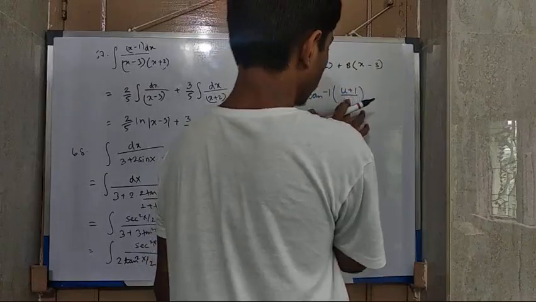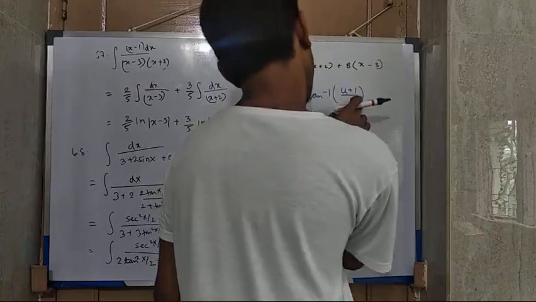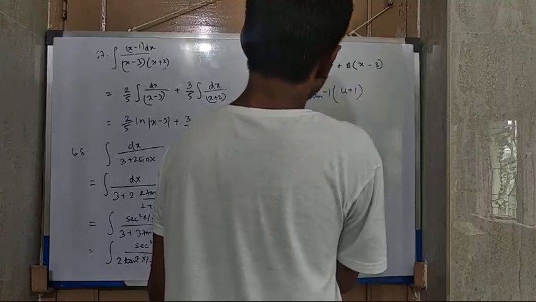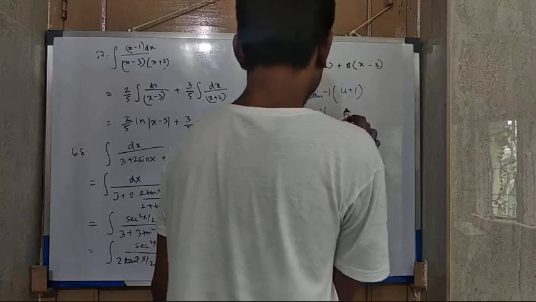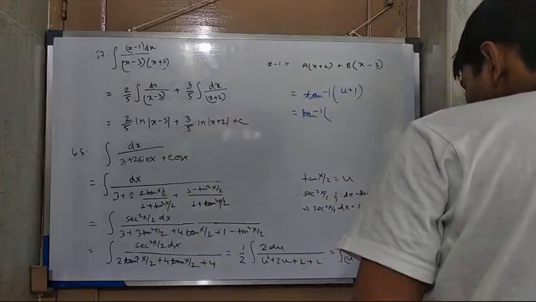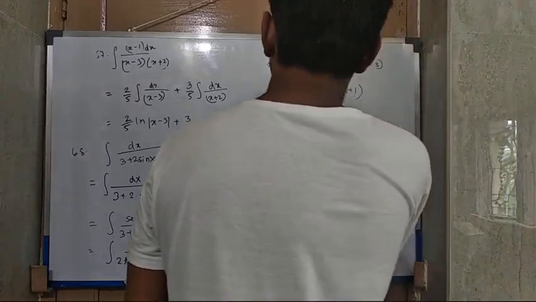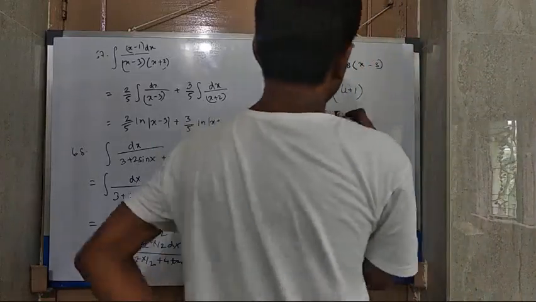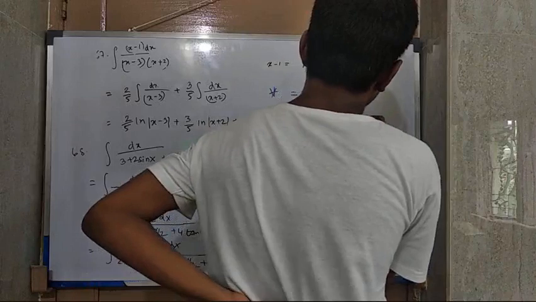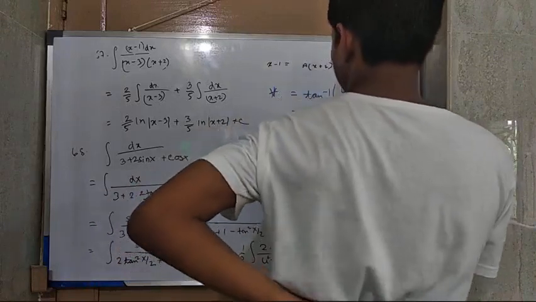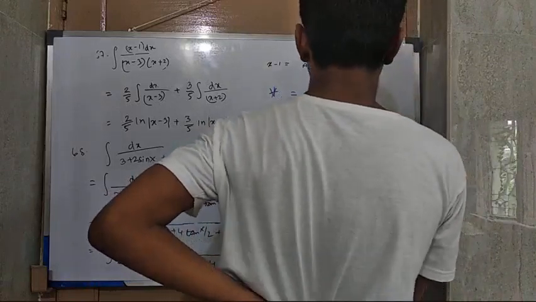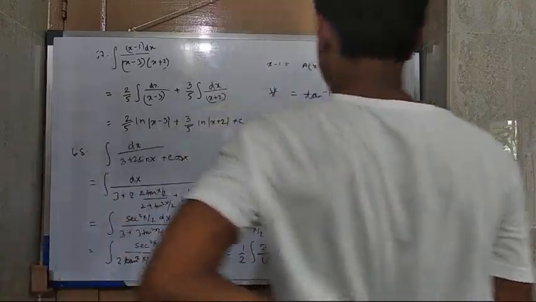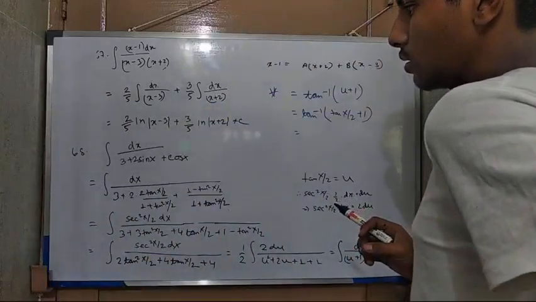No, that's tan inverse, yeah, this is tan inverse u plus 1. So this is actually tan inverse, so u was tan x by 2, tan x by 2 plus 1.